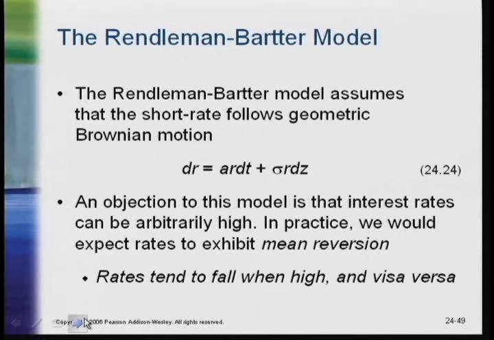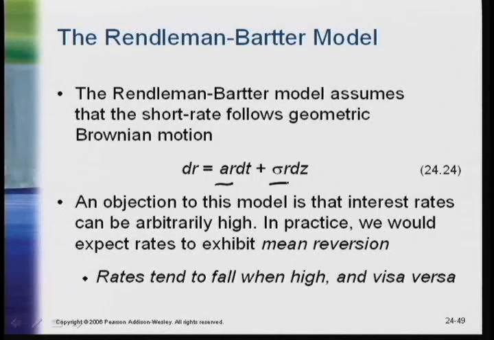The Rendleman-Bartter model solves some of these problems, and it's our old friend, geometric Brownian motion, introduced in a short-term interest rate context. You'll notice the parameters: the drift coefficient is AR and the volatility coefficient is sigma R. So this is identically the Black-Scholes model for stock prices, in fact, applied to the short-term interest rate.